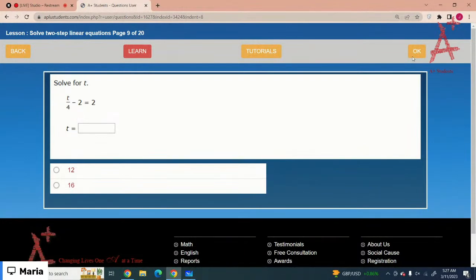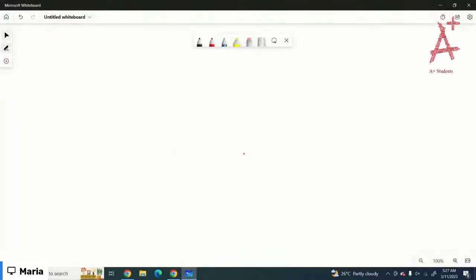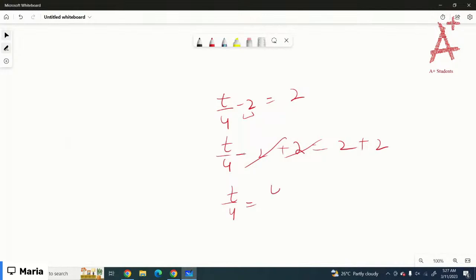Okay, the next one is solve for t. T over 4 minus 2 equals 2. So here you have 2. 2 is being subtracted from this side, so the opposite of subtraction is addition. That means you are going to add 2 to both sides. So 2 minus 2 is 0. You are left with t over 4 equals 2 plus 2, which is 4.